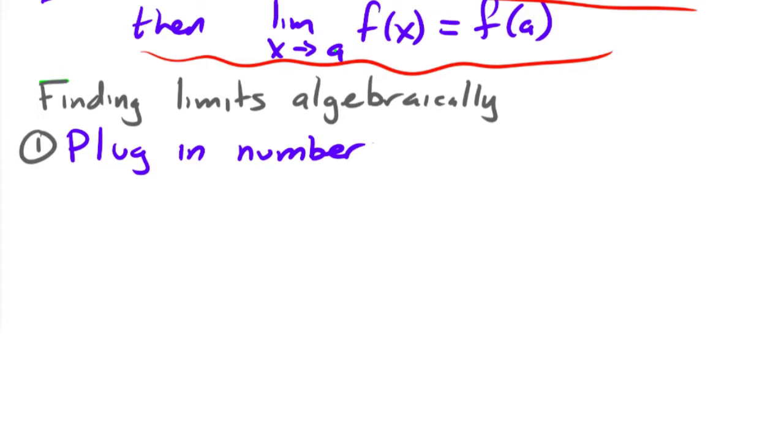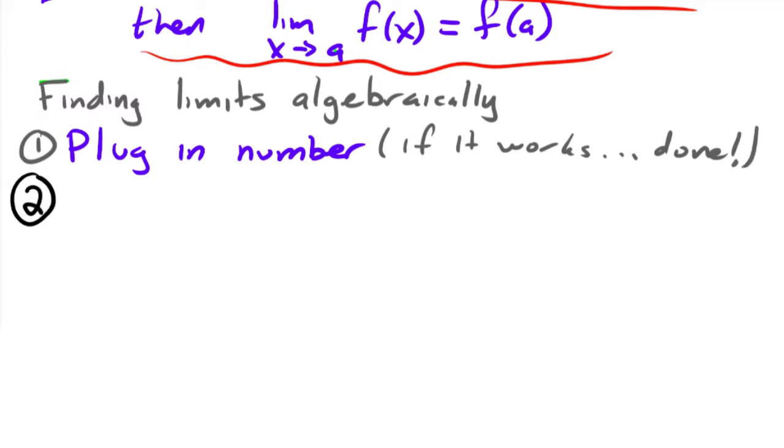Because we know that if it's continuous, then after plugging in the number, we're done. So put in parentheses, if it works, you're done. That means the function was continuous and there's nothing else to do.